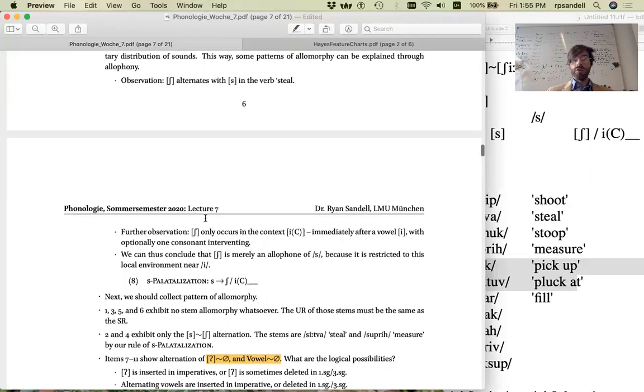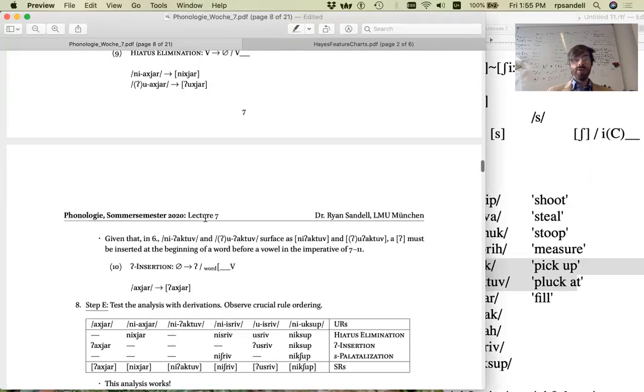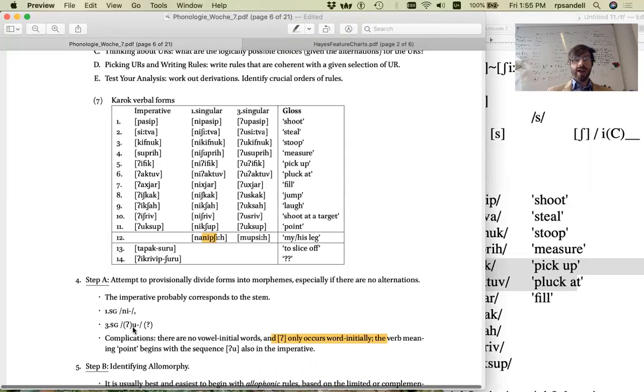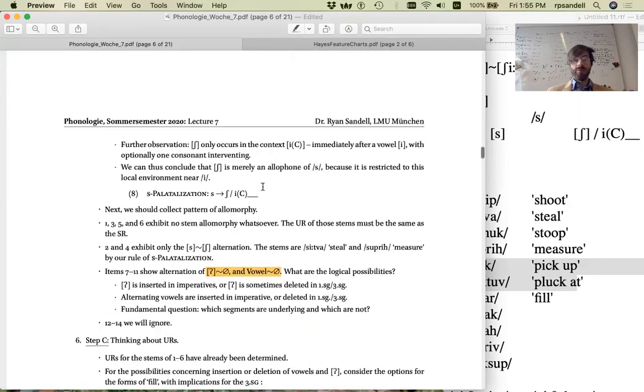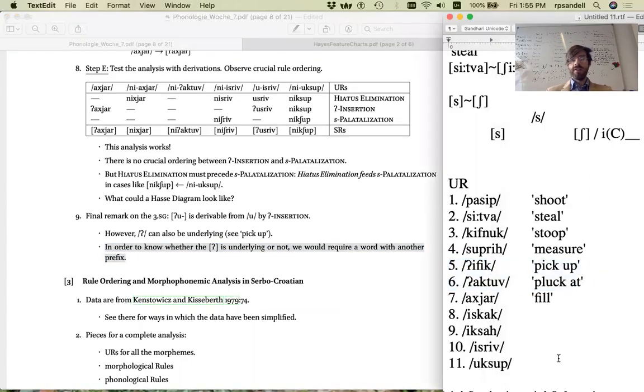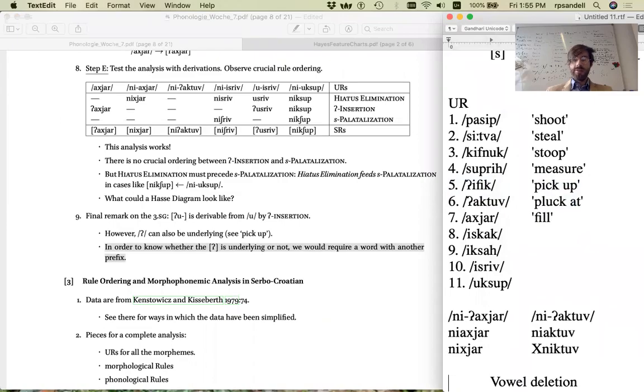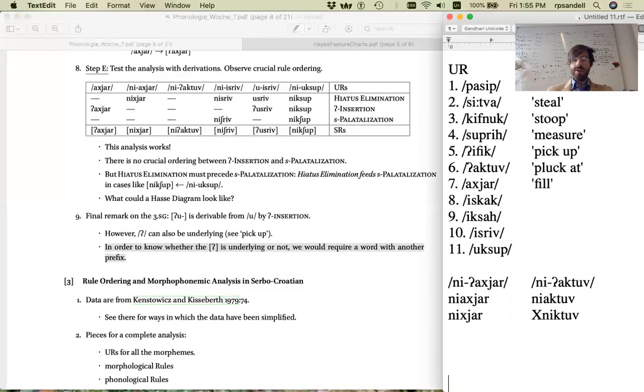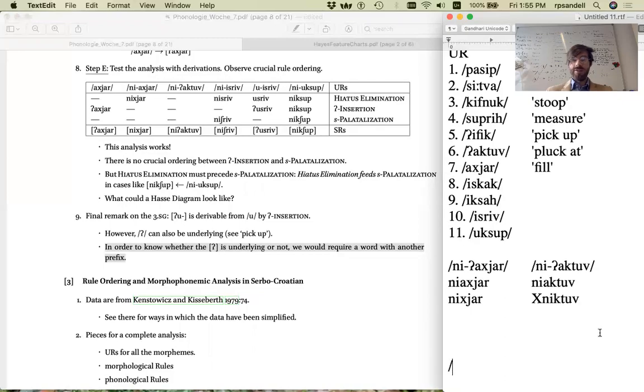So in order to know whether that glottal stop in the prefix for the third singular is underlying or not, we would require some additional prefix in order to see what happens. So, to make it explicit what we're thinking about here, let's imagine that we have the third singular form of row number 5, which is underlying u-ifik.